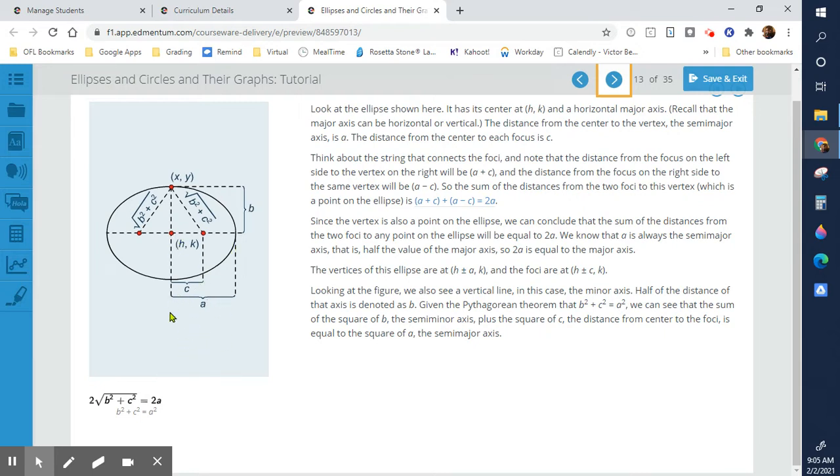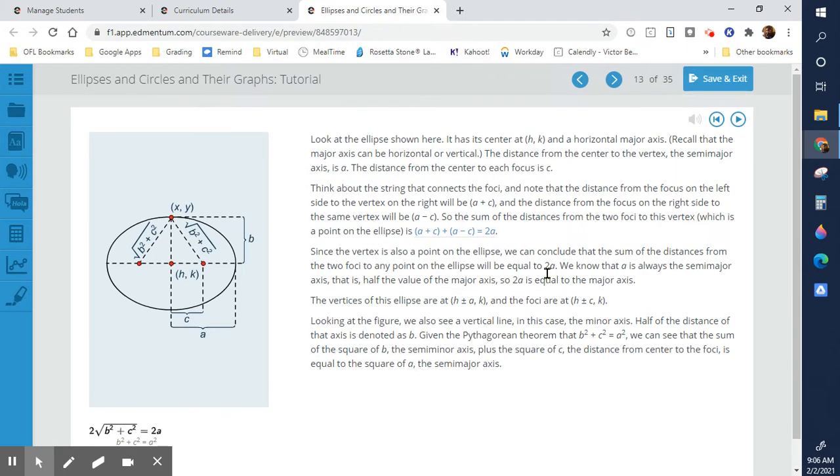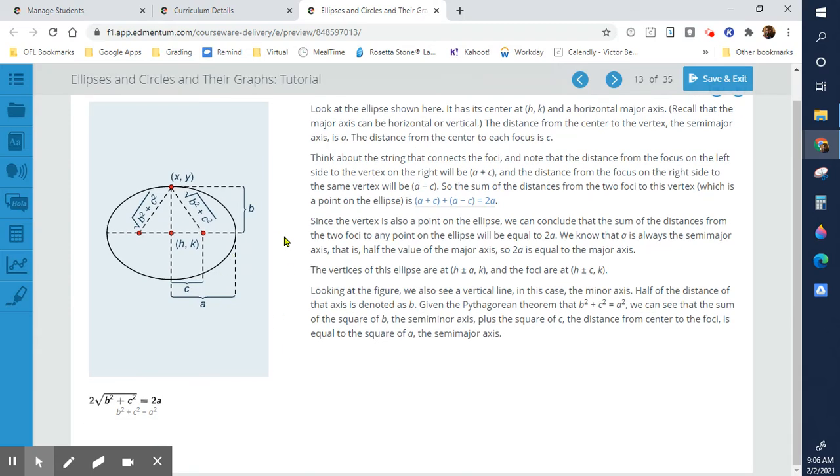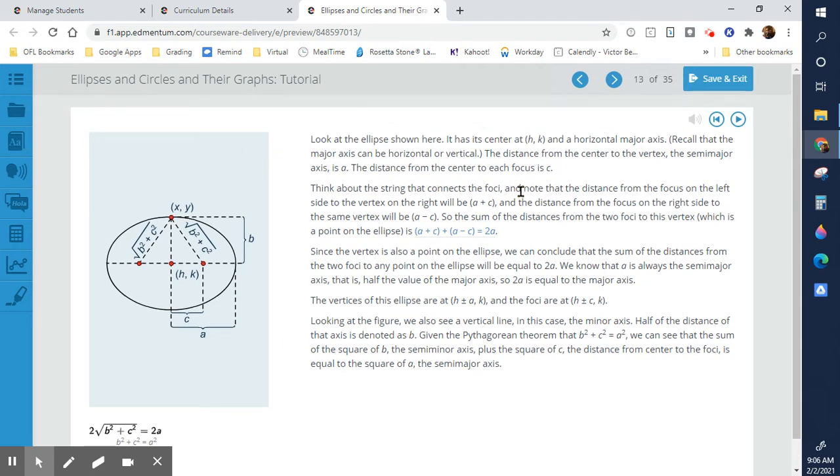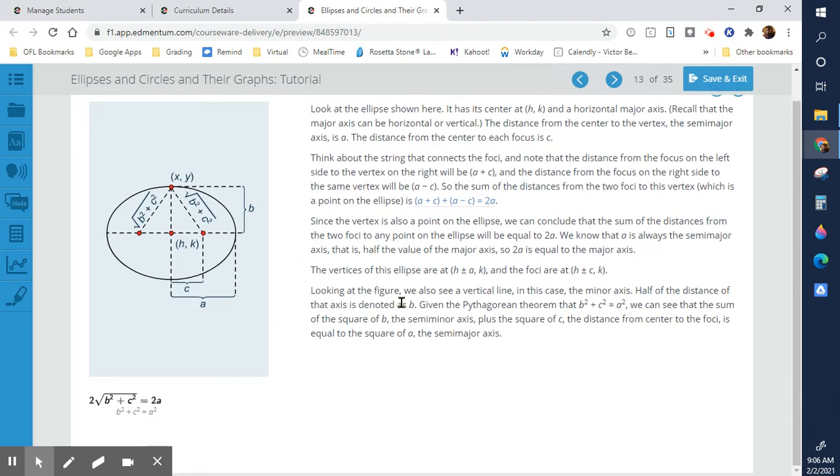I'm sorry. a is not a point on the ellipse. It's the distance from the center to the vertex. And you know what? If I would have been reading this, I would have had that fine. So the vertices are the distance a. The value of a is the distance from the center to the vertex. And I think I kind of butchered that. If you need it in writing, I recommend going through this and reading it a bit.